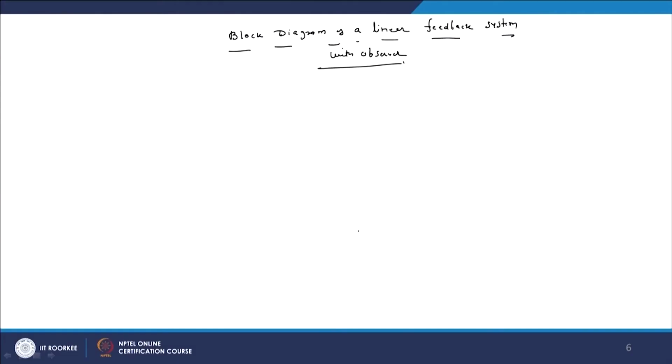Now, first of all, we draw the system. The system states are called x dot. So, here integrator x dot, here is x, here is matrix A. Now, here is C, and here is output y.